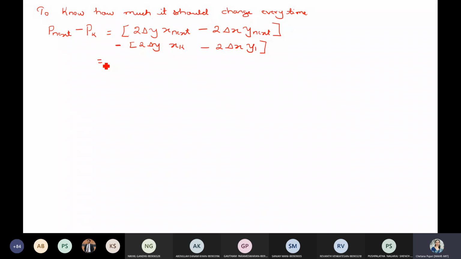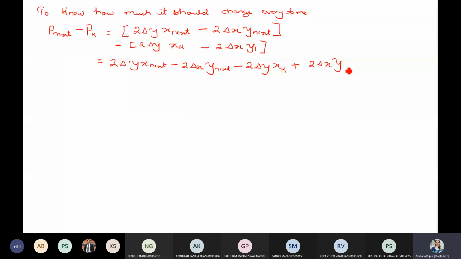Just remove the bracket and rewrite it. 2 delta y x next minus 2 delta x y next minus 2 delta y xk plus 2 delta x yk.